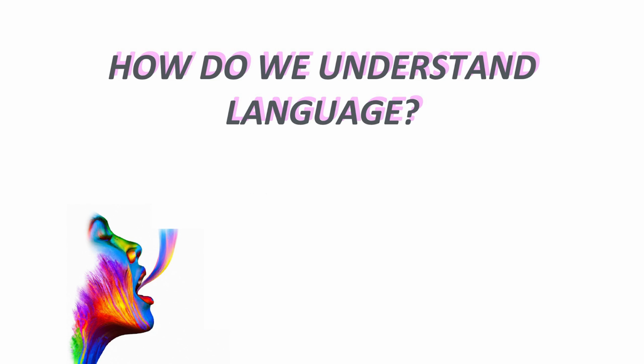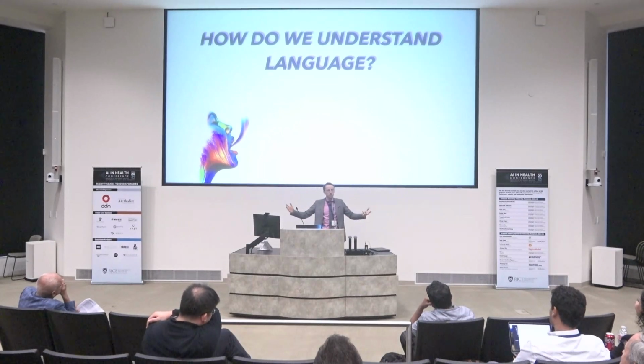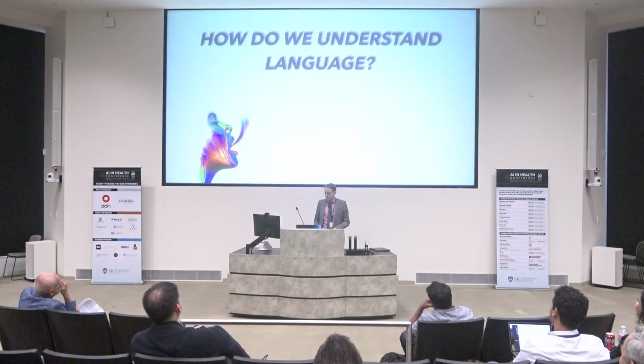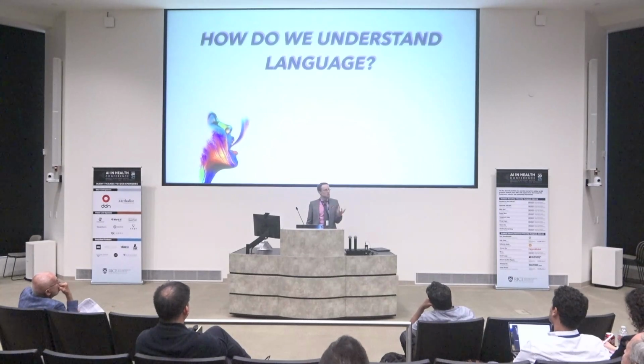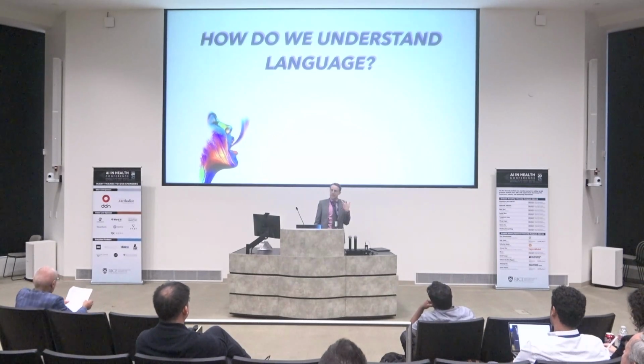So this is kind of our big motivating question that I'm going to parlay into doing some kind of brain-computer interface work. But the process that we're interested in here, the kind of language processing process, is somebody says something. I'm saying things right now. I'm taking ideas and I'm putting them into words.